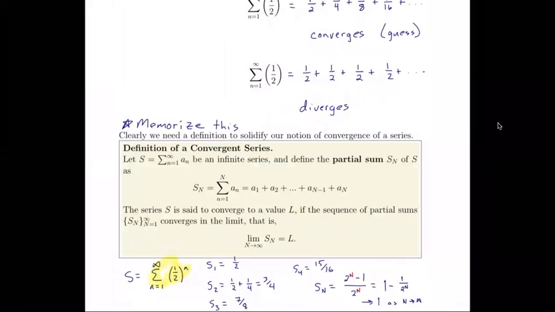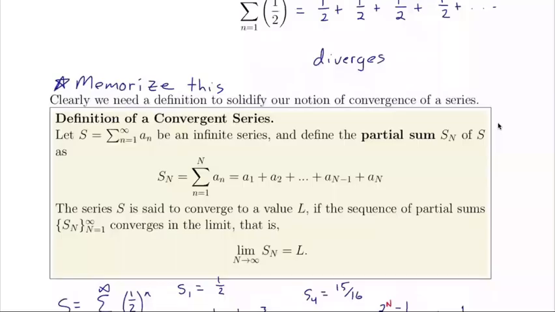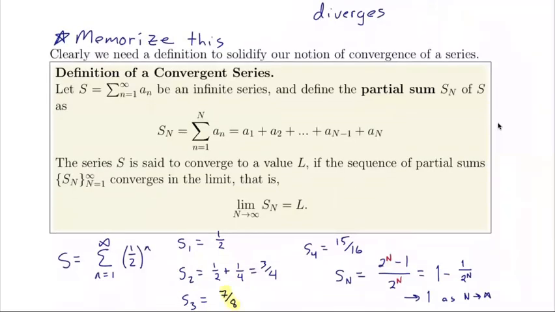Here we are dealing with that same series, 1/2 to the nth power. And let's look at its partial sums. In other words, let's look at the sum of the first one term. Well, that's just one term, so it's 1/2. The second partial sum is the sum of the first two terms. The index here tells me to sum up the first two terms. When I do that, I get 3/4. Also, s sub 3, the third partial sum, is 7/8, once we add up the first three terms.